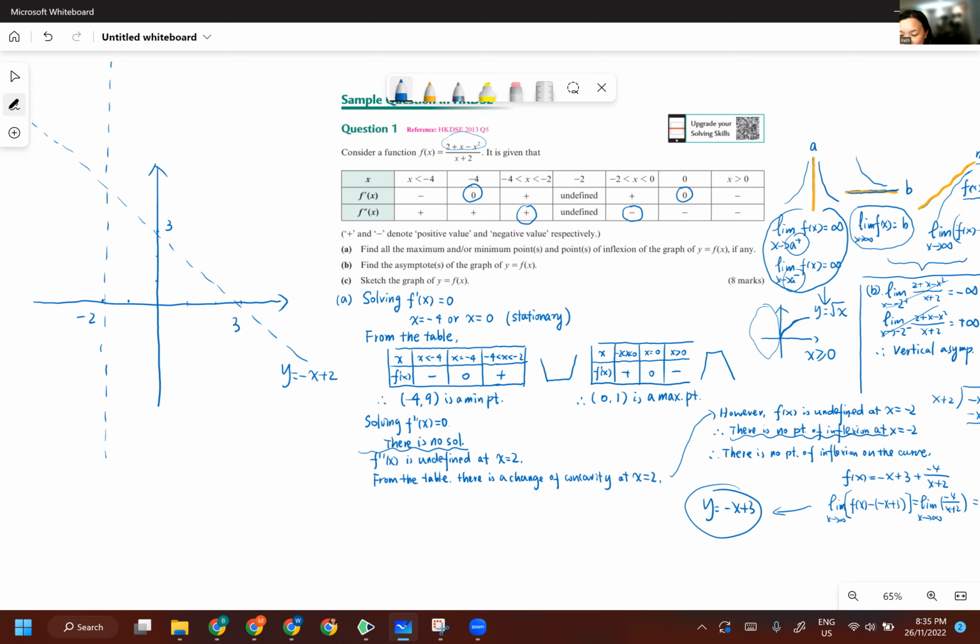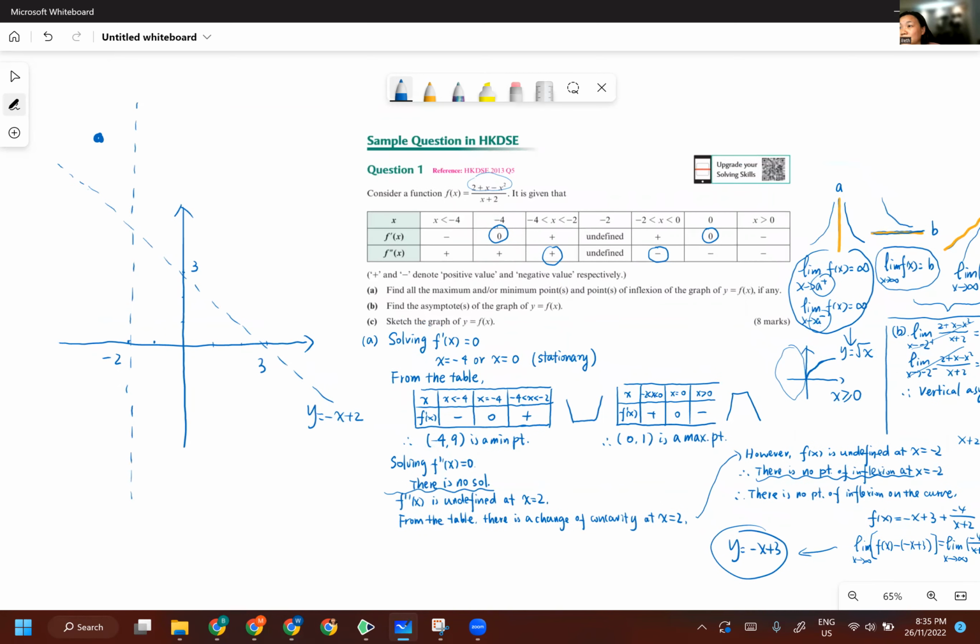And then the maximum and minimum, -4, 9. Obviously here. I think it should be there. If you plot -4, 9 here, your graph would be wrong, right? It should be in the correct region. The other one is 0, 1. And concave up, do you see concave up?